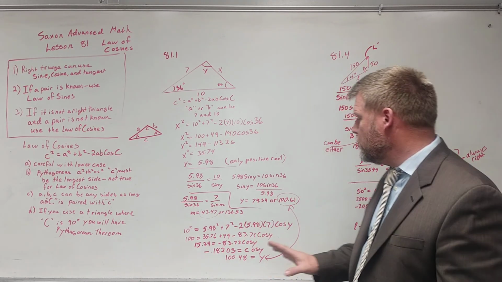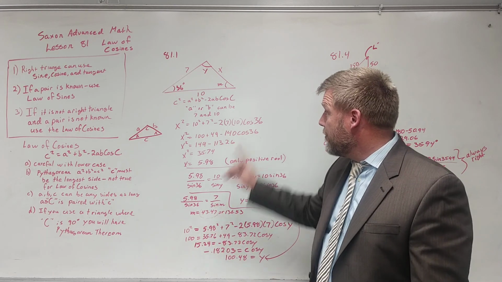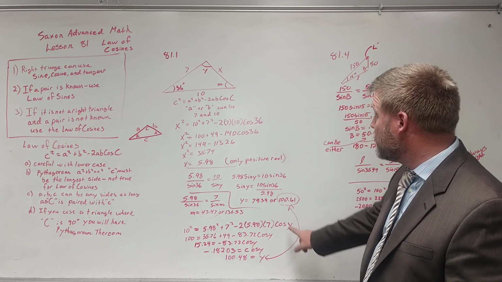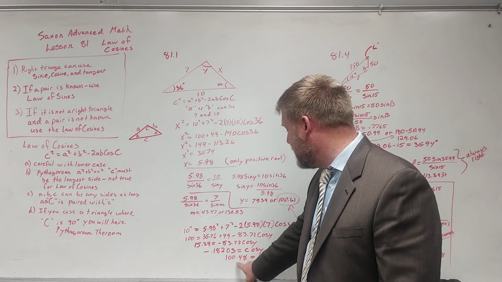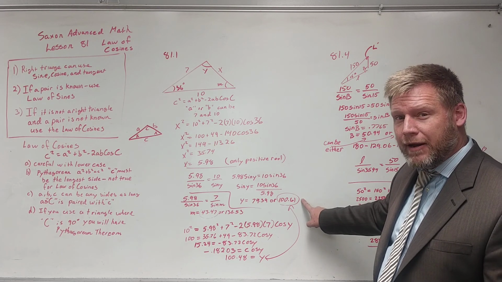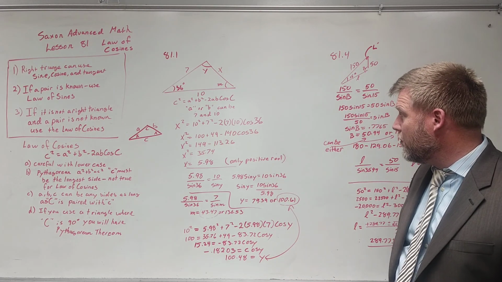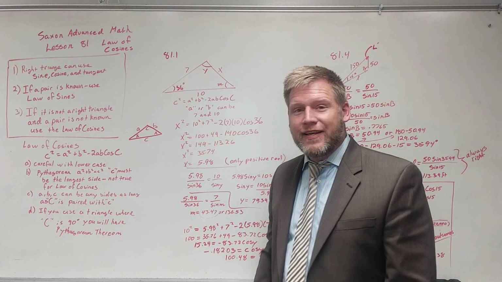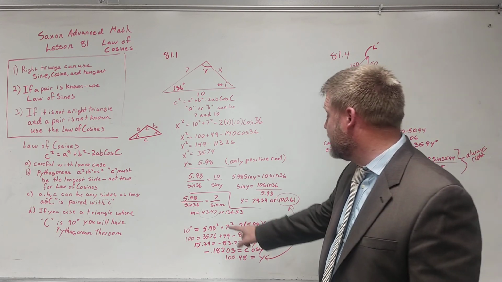Now, if I choose to use the law of cosines for this, and I won't go through all the steps, but if I chose to use the law of cosines solving for y, I could do so. And it is going to give me an answer that is exact without having to think about it. Okay, and the reason why is because the law of cosines, when solving for that angle up there, is going to automatically give me the correct version of that because the sides are known.